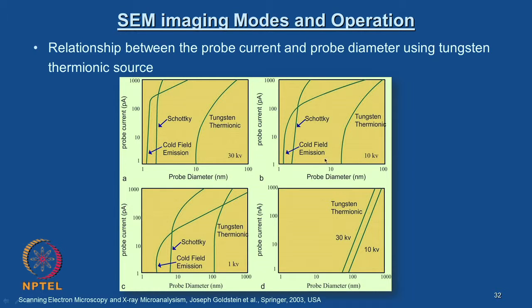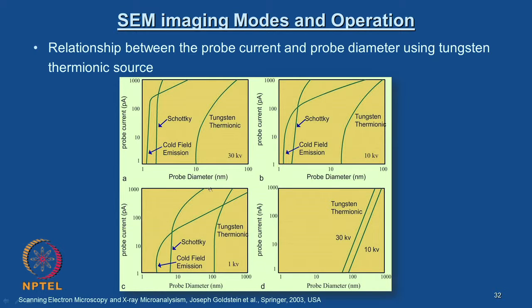You can see that similar plots are obtained, and plot C shows very low voltage imaging, where you can see how the probe current varies with the probe diameter, and this is kind of a plot where mostly this situation is used for chemical analysis.